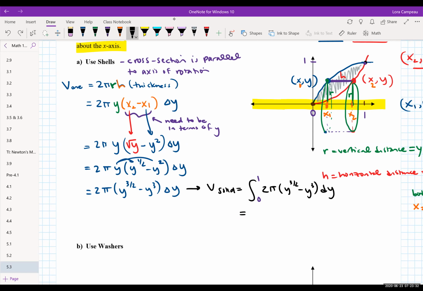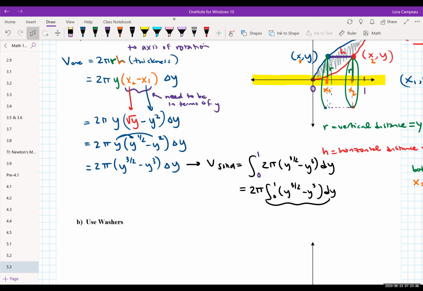What you might consider doing is factoring out the 2 pi, using your TI to integrate, or you could do this by hand, no worries. But in the end, let me make sure I'm typing that in correctly.